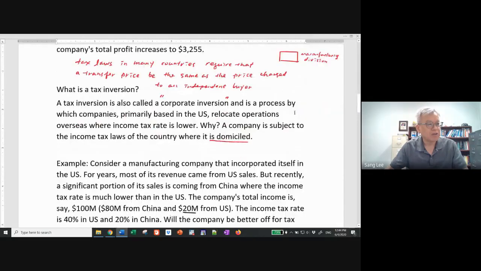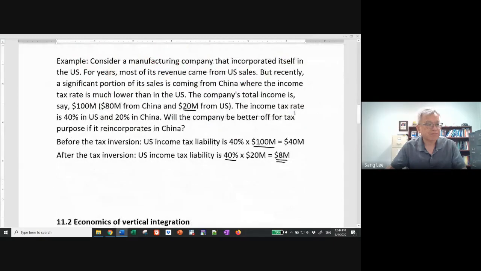Now let me give you an example. Burger King. All of you know Burger King, like Wendy's or McDonald's. It's a fast food burger chain. Indeed, Burger King left for Canada in a tax inversion when it purchased a Canadian donut chain.